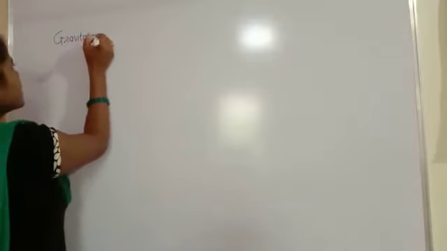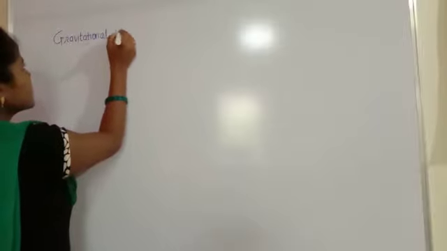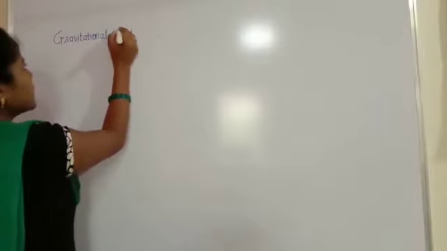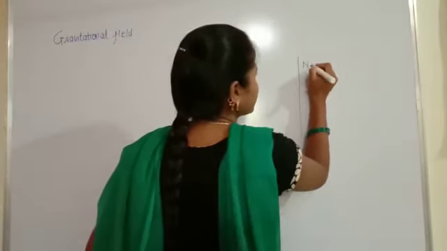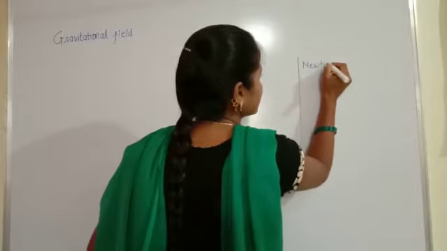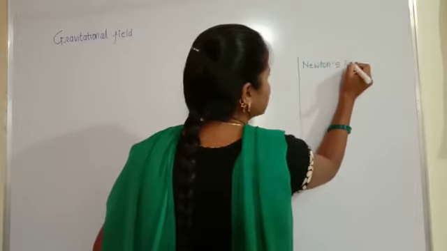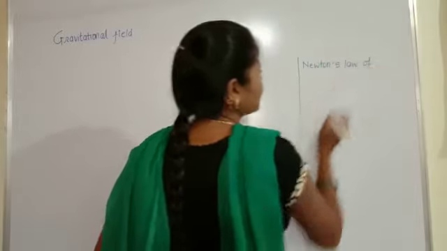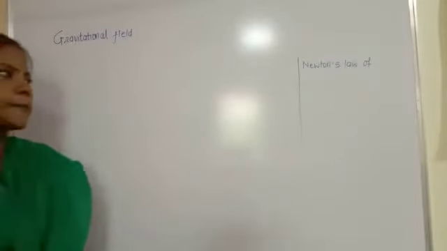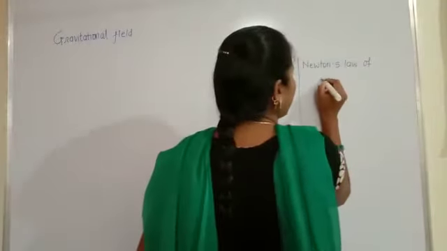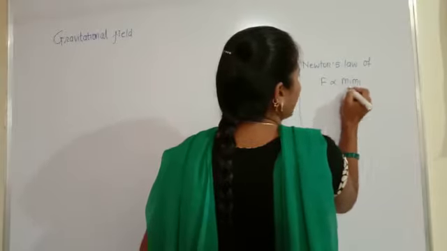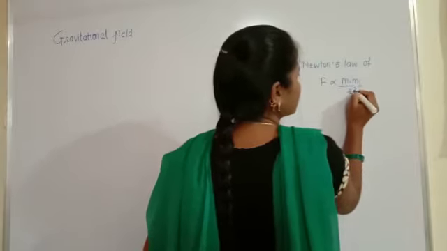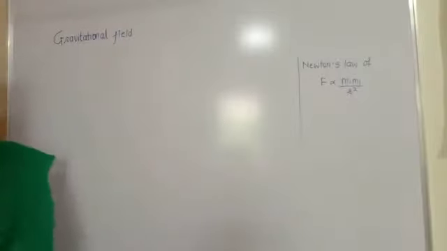Gravitational field. Okay, the definition of gravitation. So before starting, we know Newton's law of gravitation. Newton's law of gravitation means the gravitational force F is directly proportional to the product of their masses and inversely proportional to the square of the distance between the two masses m1 and m2.